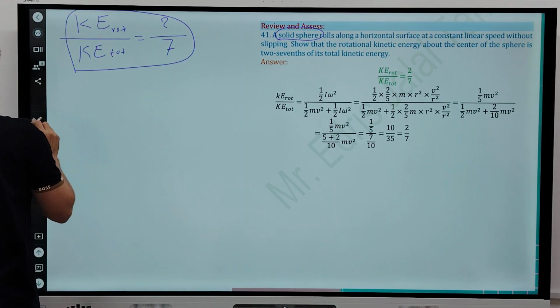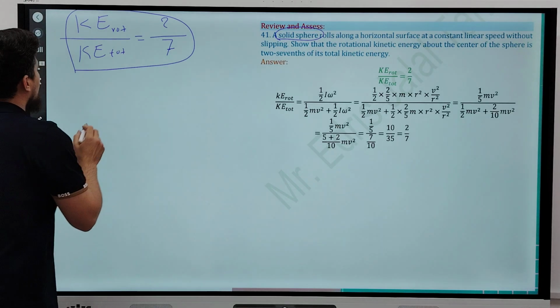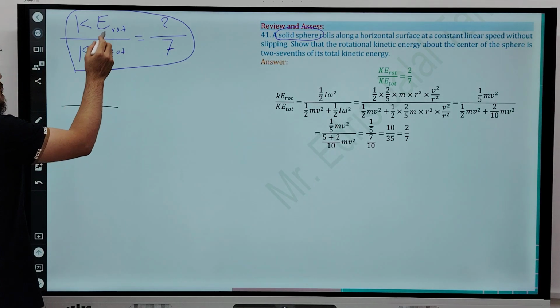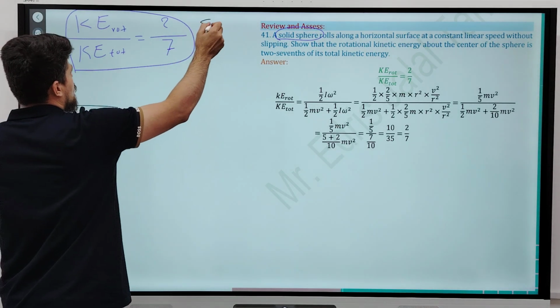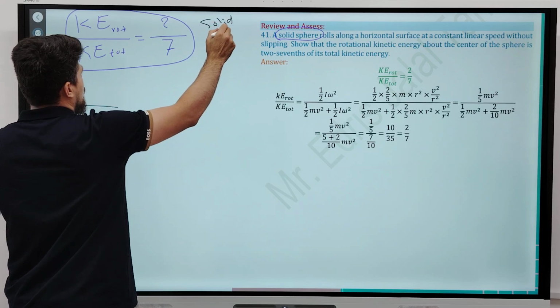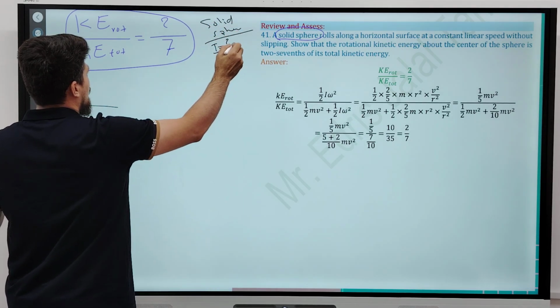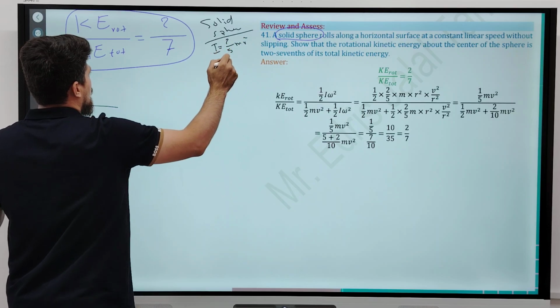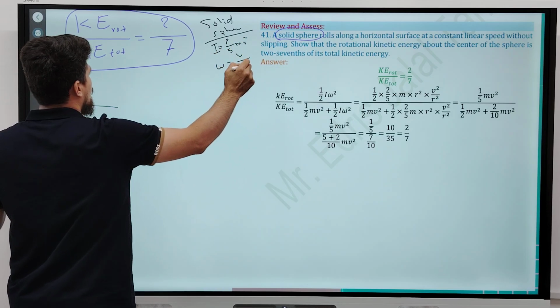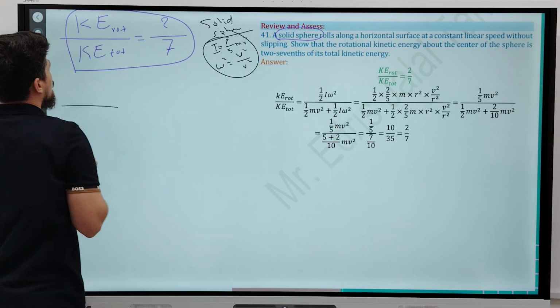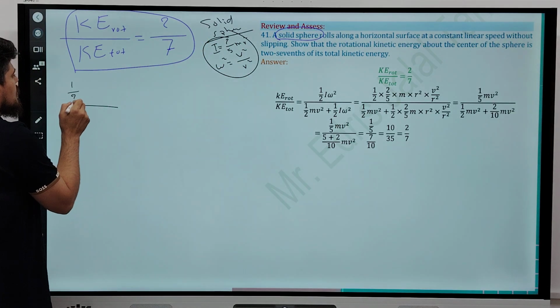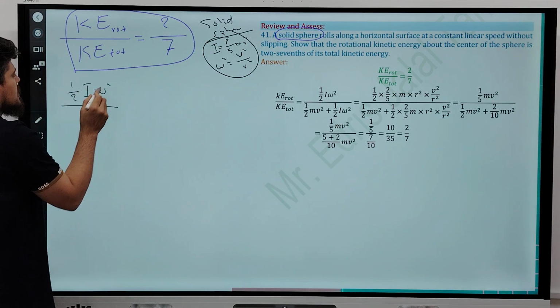Now I'm going to prove this ratio. Okay, rotational kinetic energy, because our shape is a solid sphere. For the solid sphere, I is equal to what? 2/5 mR squared, and omega is equal to V/R. Rotational kinetic energy is equal to 1/2 I omega squared.